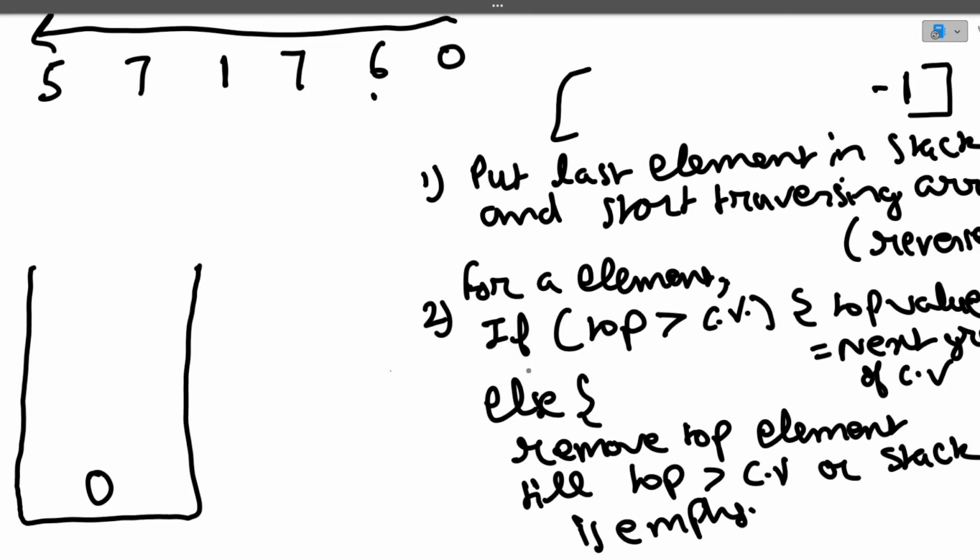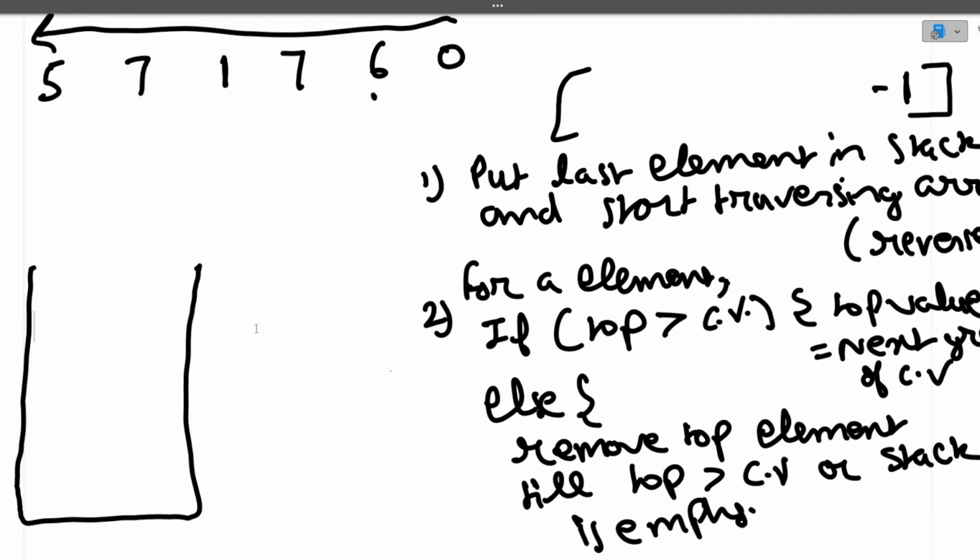Since the condition is not valid, we move towards the else condition. The else condition is to remove top elements till the top is greater than the current value or the stack is empty. Current value is 6, so we start removing the top element. We remove 0, and now our stack has become empty. Till when do we remove elements? Till the top value becomes greater than the current value or the stack is empty.